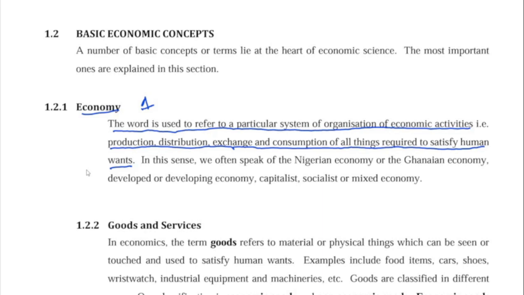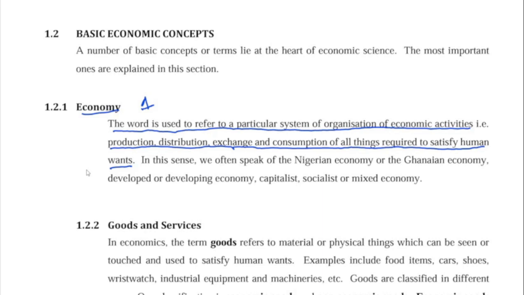And how you consume is also your choice. So the way you choose all of these three intertwined concepts together, it forms your own economy. So economy is how a particular person, community, or country organizes its production, distribution, and consumption.